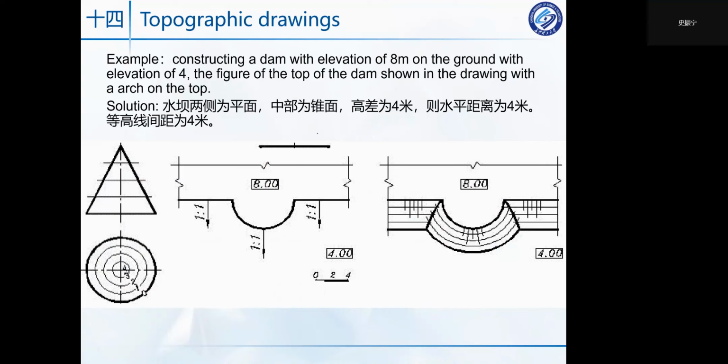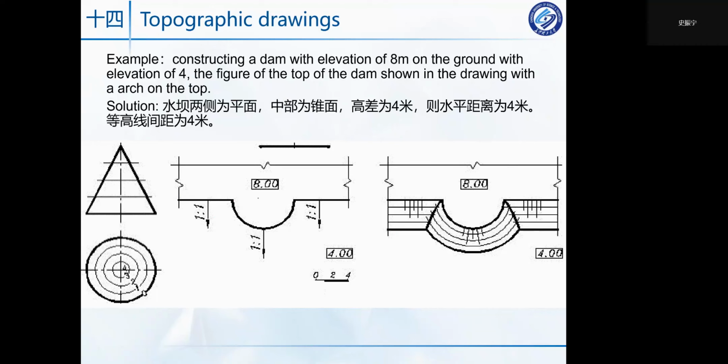And you can see we already know the shape of the top of the dam. So how can we get the other parts? We want to know the top view of this dam, and we are going to draw the lines like the slope, the intersection line between the slope and the ground.